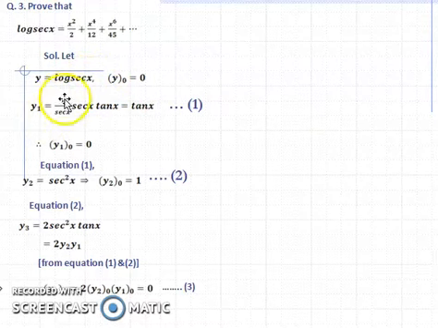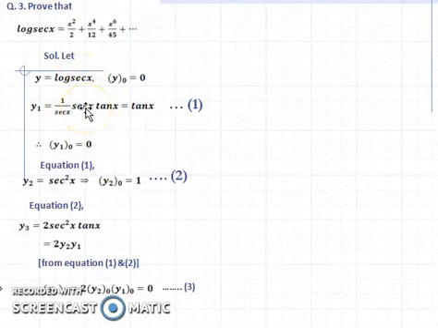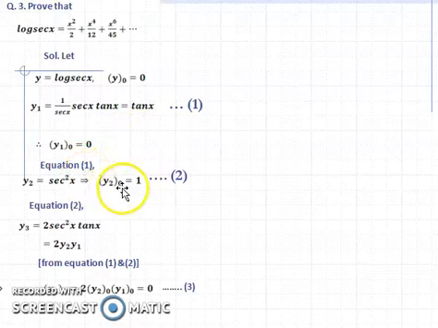After differentiation, the derivative of log sec x is 1 by sec x times the derivative of sec x, which is sec x into tan x. Sec x cancels, leaving tan x, and y1 of 0 equal to 0, because tan 0 equals 0. So this is the second equation.